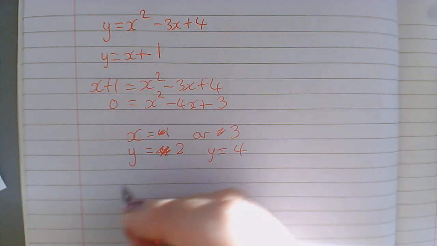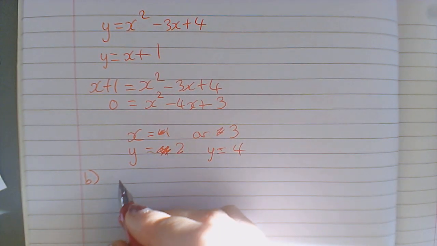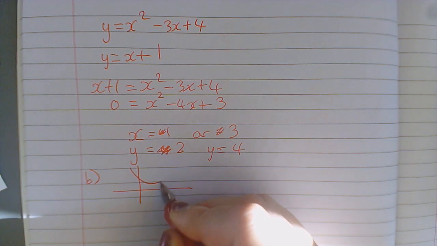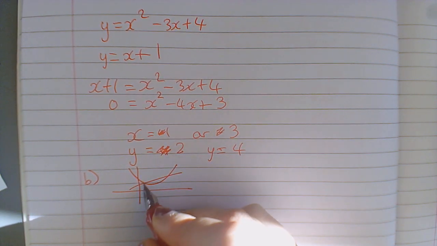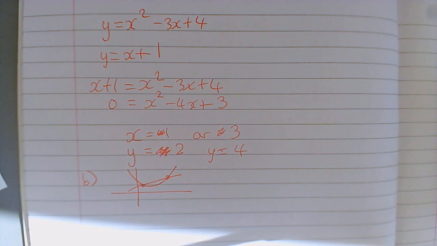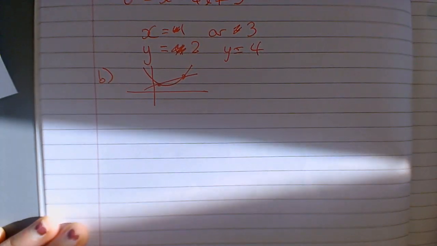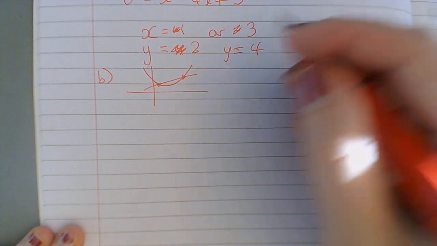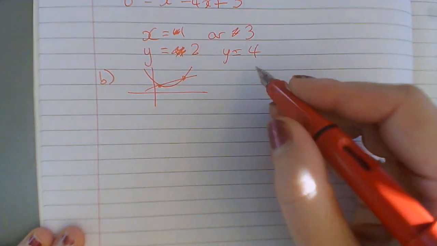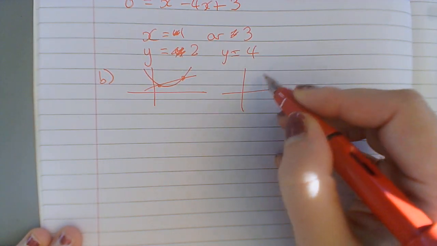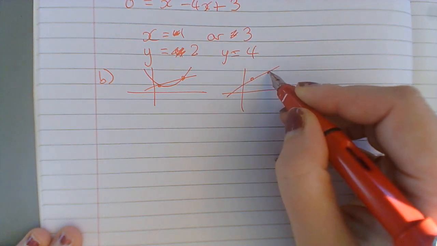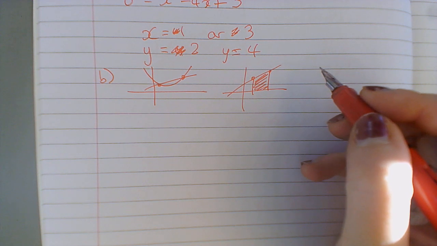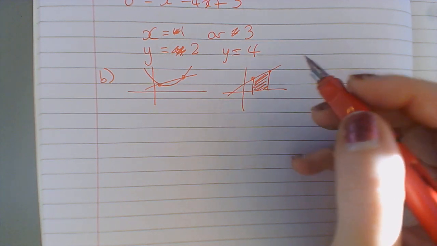So now moving on to part B, where I am actually working out the area. So first thing I'm going to do is I'm just going to quickly sketch it again and think about what I'm doing. So for a question like this, the first thing I need to do is think, right, if I integrate under the line y equals x plus 1 between these 2 points, I will get this whole area, which is not what I want.